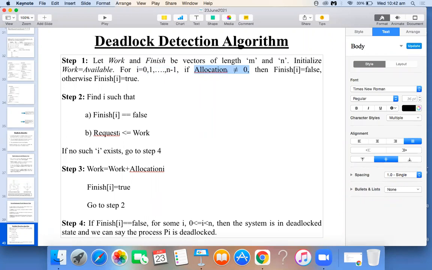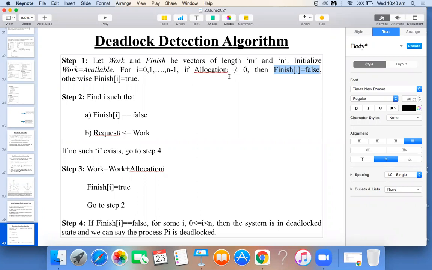If it is not equal to 0, then you have to mark that process as false. False means that the process has not completed its execution. That's why it is represented by the variable finish. Finish of i equal to false, you have to set, when allocation of that process is not equal to 0.